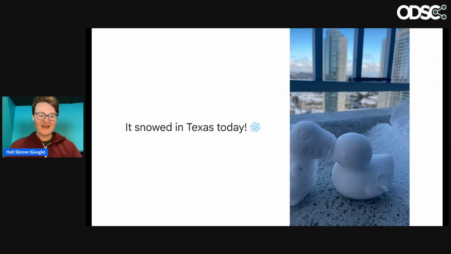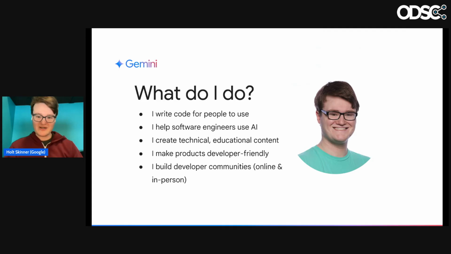It's very cute. And so, what do I do as a developer advocate? I mostly focus on artificial intelligence and machine learning. I write a lot of code for other people to use, and a lot of what I do is help software engineers use AI in their day-to-day lives.